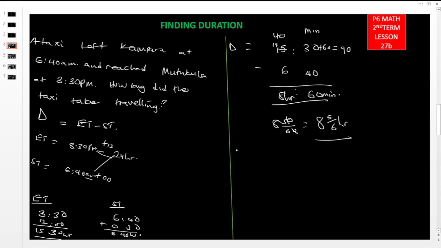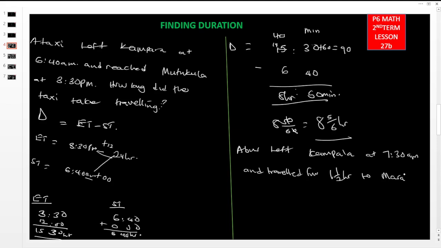For example, they can say a bus left Kampala at 7:30 a.m. and traveled for 1.5 hours to Masaka town.